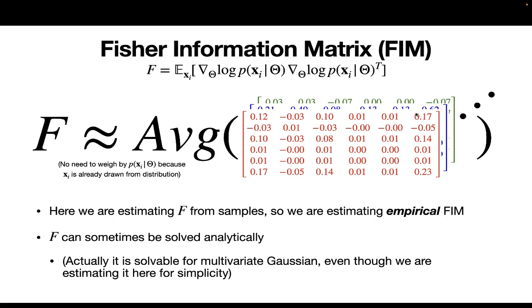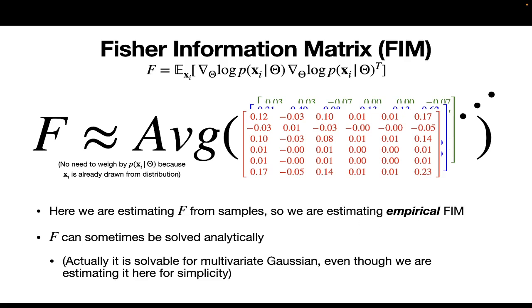And our empirical estimate of the Fisher information matrix essentially comes down to taking the element-wise average across all these lambda matrices. And as we just mentioned, because we are estimating the Fisher information matrix from our samples, we are calculating an empirical Fisher information matrix.